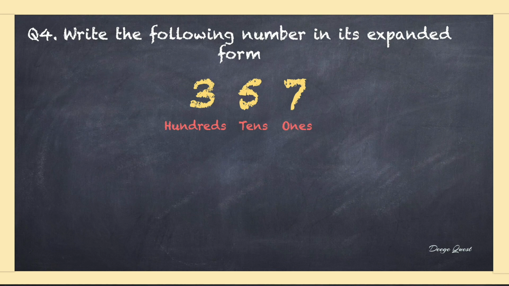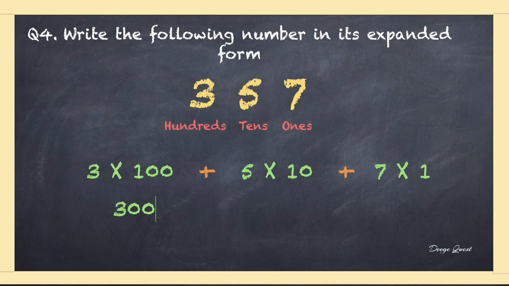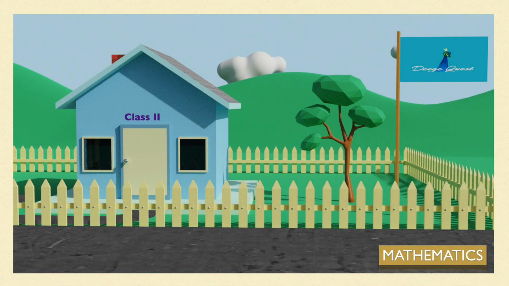So, the expanded form for this number would be 3 times 100 plus 5 times 10 plus 7 times 1, which would be 300 plus 50 plus 7. 357.